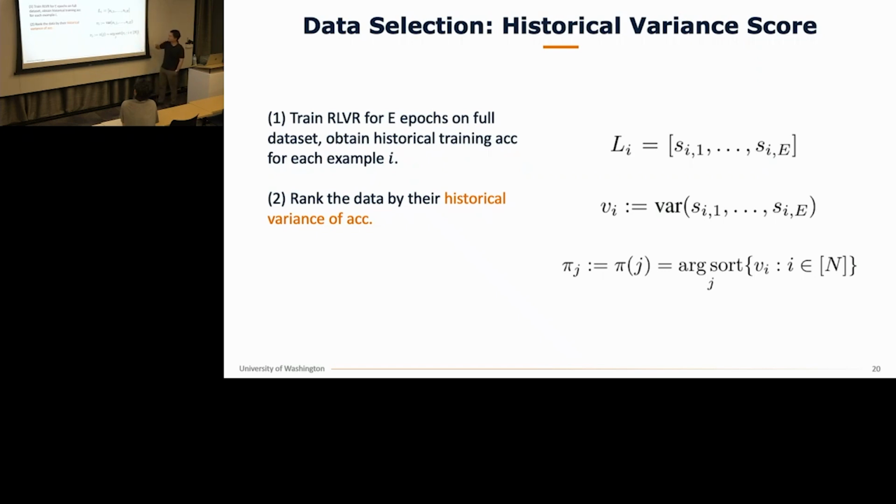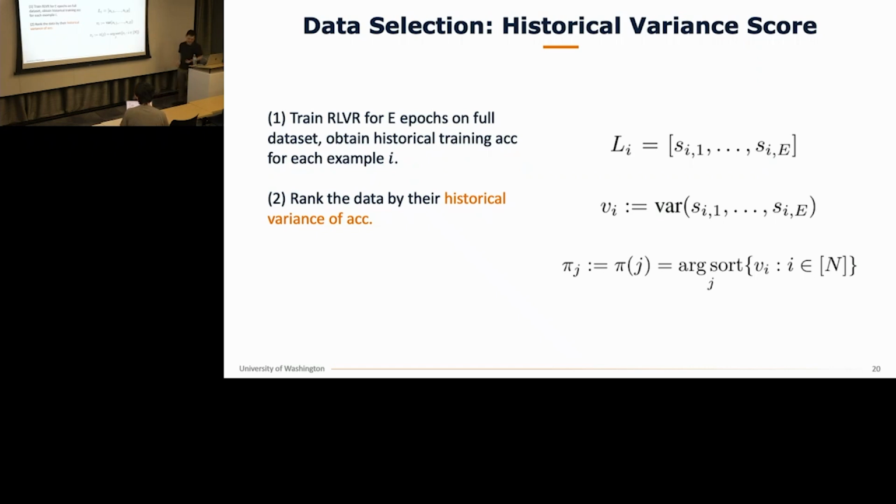And then for each data point i, we can compute the variance based on these scores. Remember we use this notation pi. We just sort all the data points based on this variance. So it's pi 1 to pi n, and pi 1 has the largest historical accuracy variance. Why this?